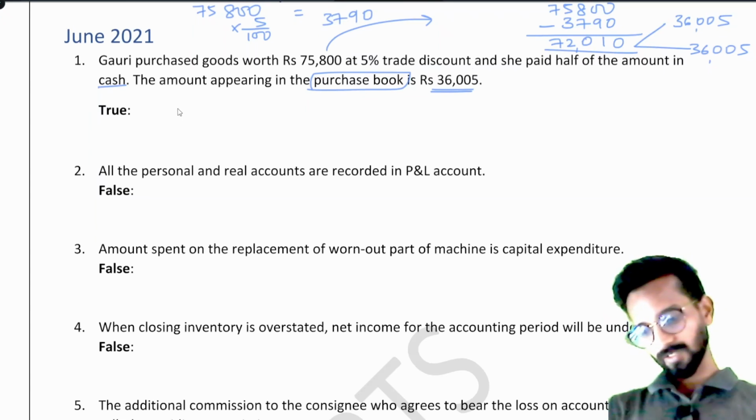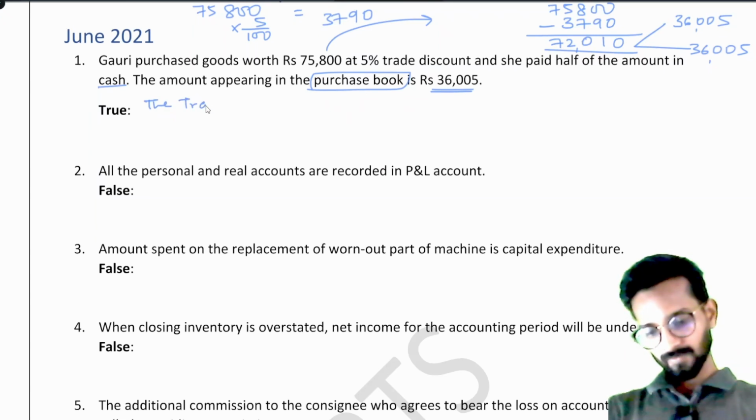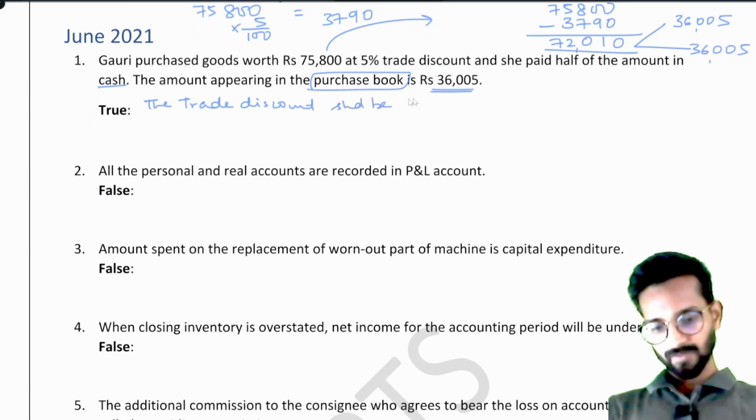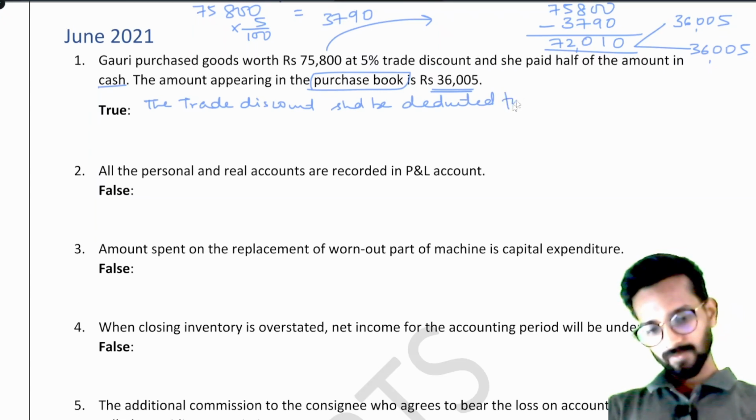Okay, so you can say the trade discount should be deducted from total value of 75,800.